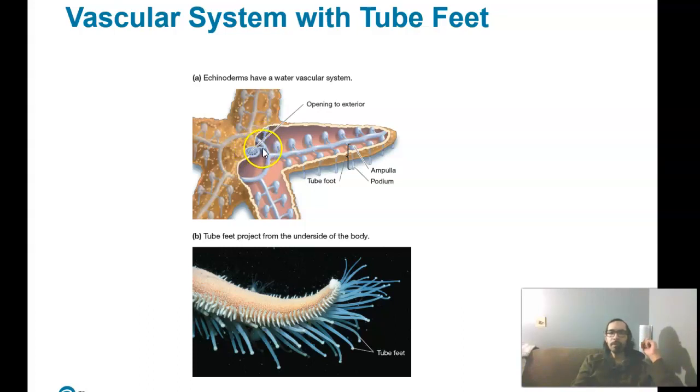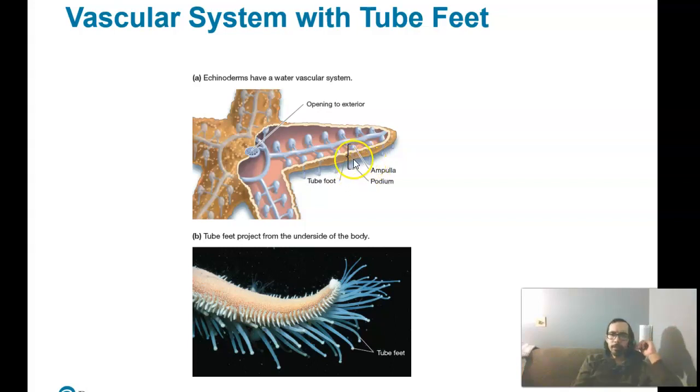This is called the Stone Canal. There's the Ring Canal that leads into the radial canals, and then eventually it goes into these smaller structures that are called the ampulla. And the ampulla are located on the inside of the animal, but those lead to the tube feet on the outside of the animal.